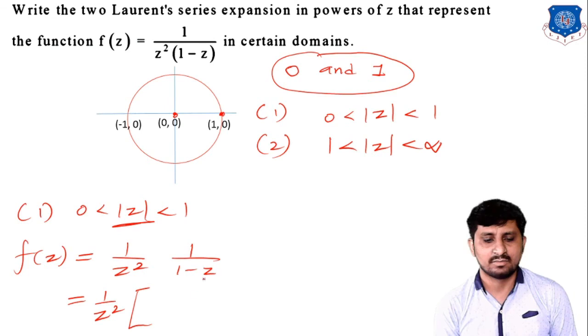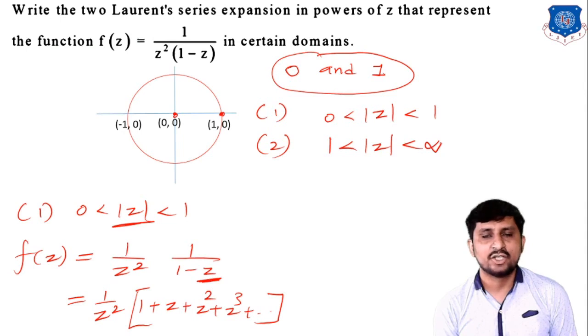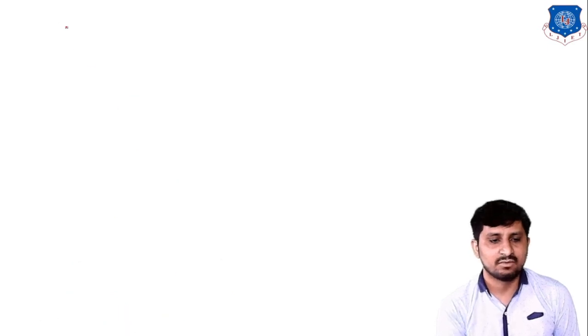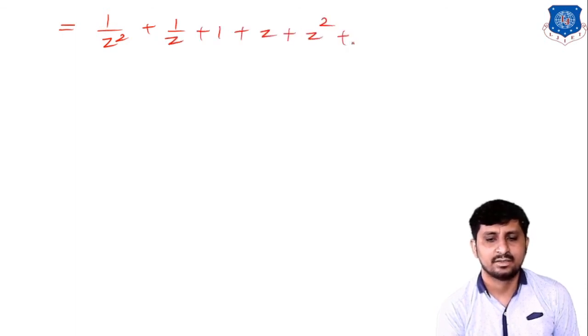Instead of 1 upon 1 minus z, I can write 1 plus z plus z square plus z cube and so on, because the modulus value of z is less than 1, so I can use it. Now 1 upon z square multiplied with this bracket equals 1 upon z square plus 1 upon z plus 1 plus z and so on.